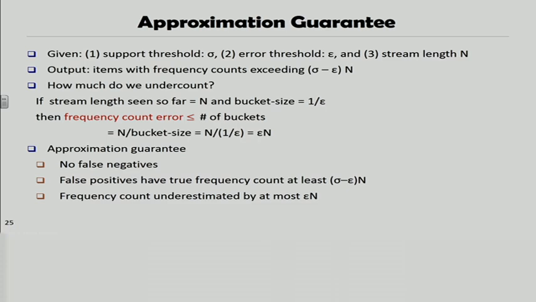This algorithm is so simple, but has such a good guarantee. You can think about it. Now you have a million buckets, you can get 1 over 1,000,000. That's your error rate, so it's still very accurate.